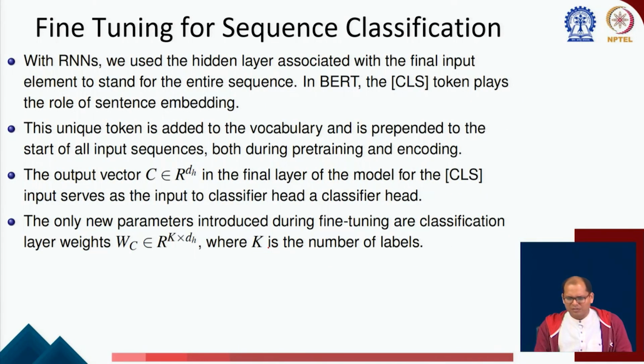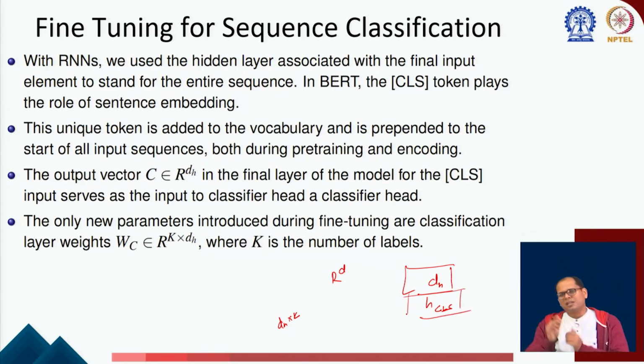So what you will do, let's say we have a DH dimension vector in the final layer, so CLS is DH dimension, and I have k classes in my output. So I will simply use DH times k parameters in my linear layer to project my final sentence representation to the classes, right? And then I will do softmax, and this will give me the probability over classes.